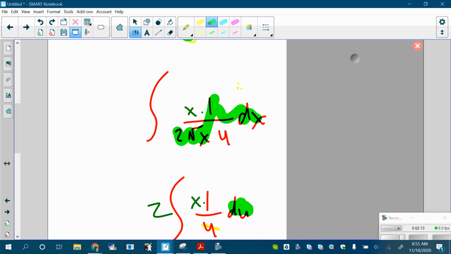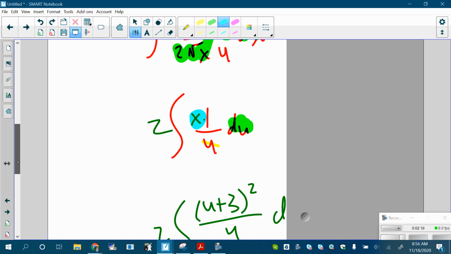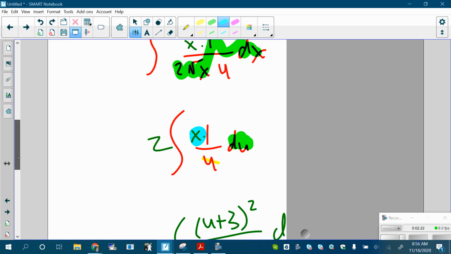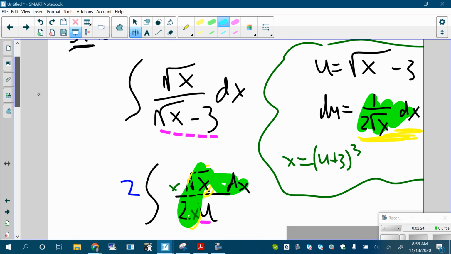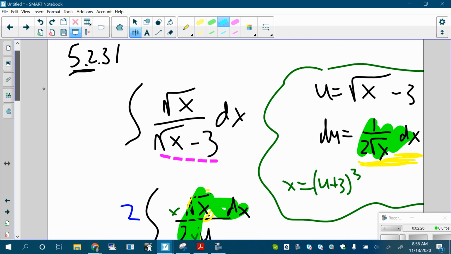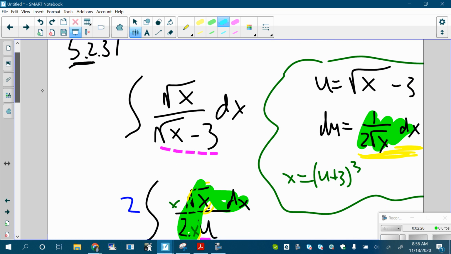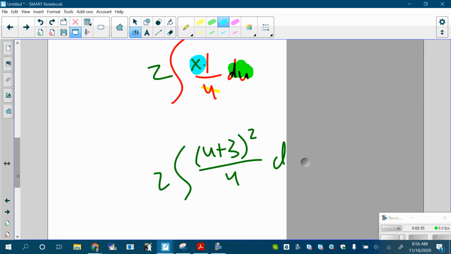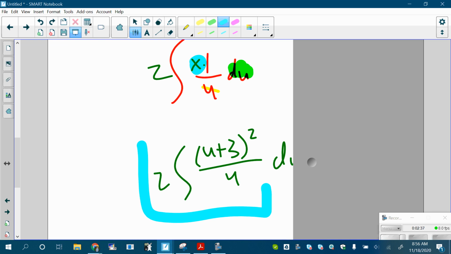But I still have this x hanging up top. So now I've gotten u's and du's, but I still have an x in there. And now this is where the back sub comes into play. I'm going to replace that x with a u plus 3 squared because I rearranged my original u. That's this back sub here. Then I used a little back sub and I was left with this.